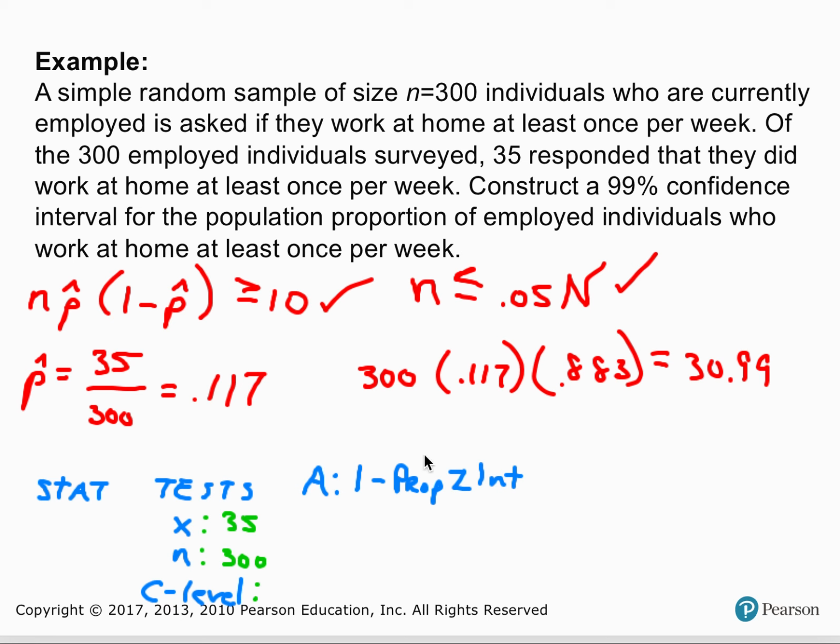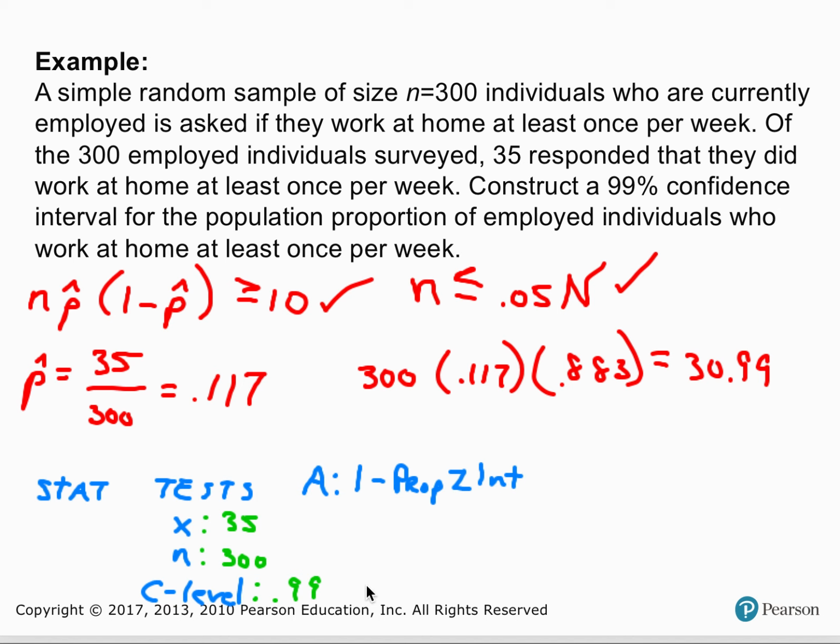And the confidence level, we want a confidence interval of 0.99. So I'm going to enter all those. So what do we have? 35, 300, 0.99. I'm going to go down and highlight Calculate.